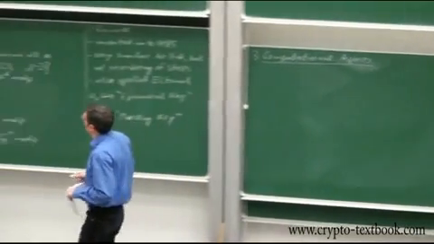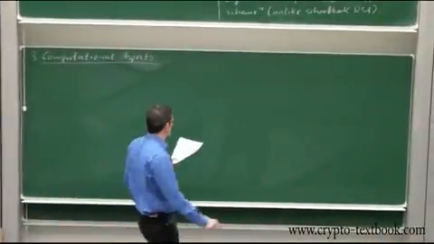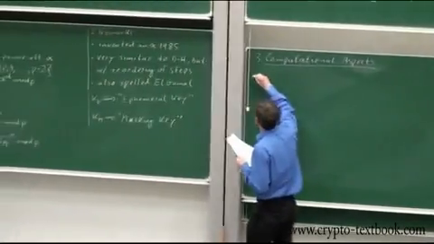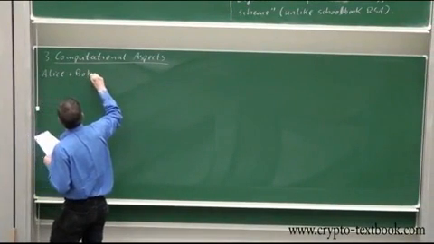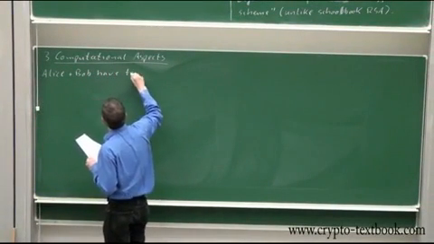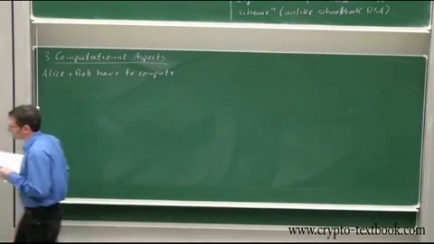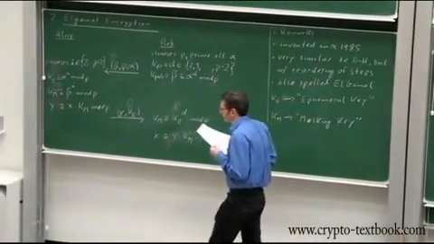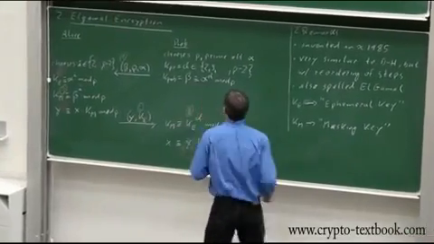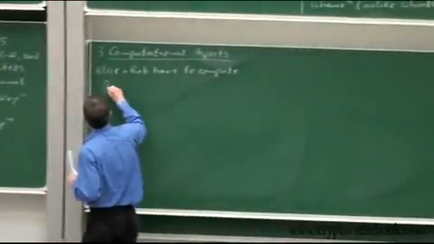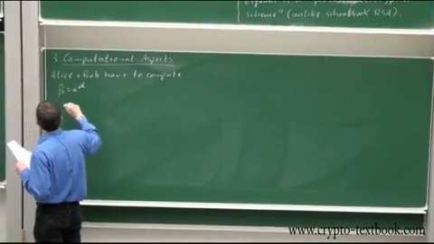So let's look at what we have to compute here. Alice and Bob have to compute beta, which is alpha to the d.